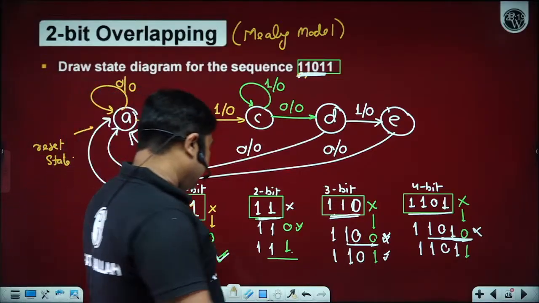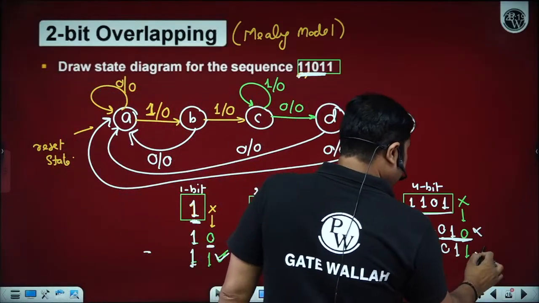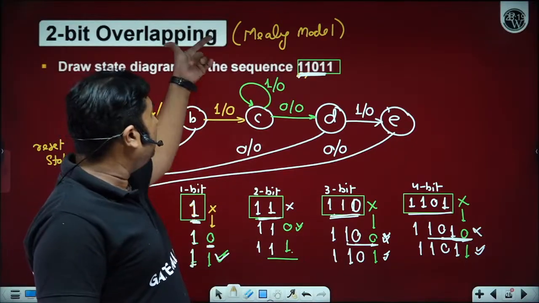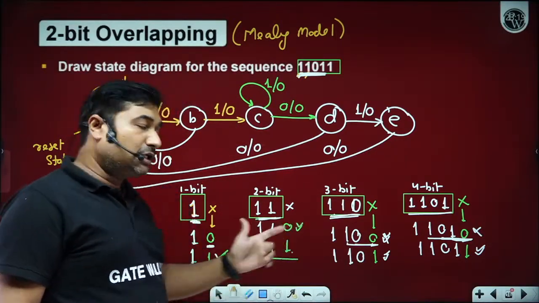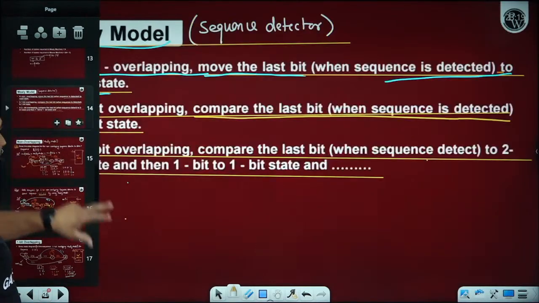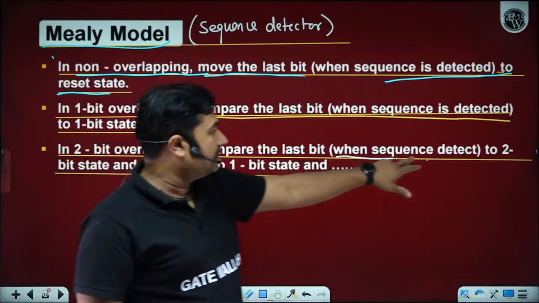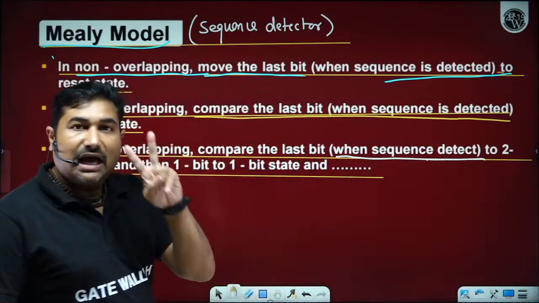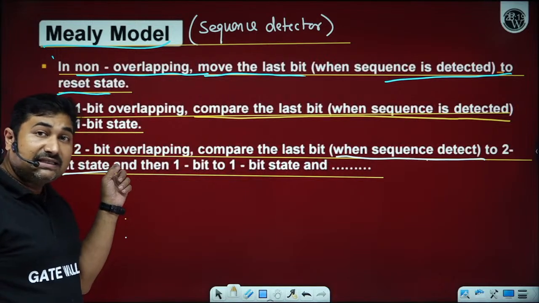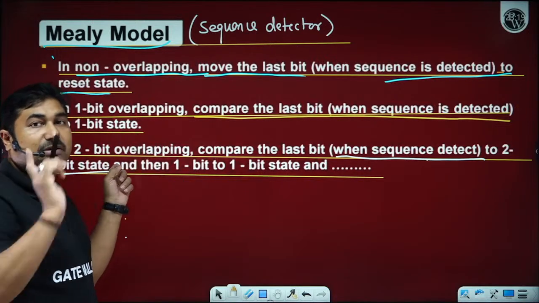However, if you are getting 1, then this is the required sequence. In case of 2 bit overlap, when the entire sequence is detected, compare the last 2 bits with the 2 bit state. If it matches, end at that particular state.